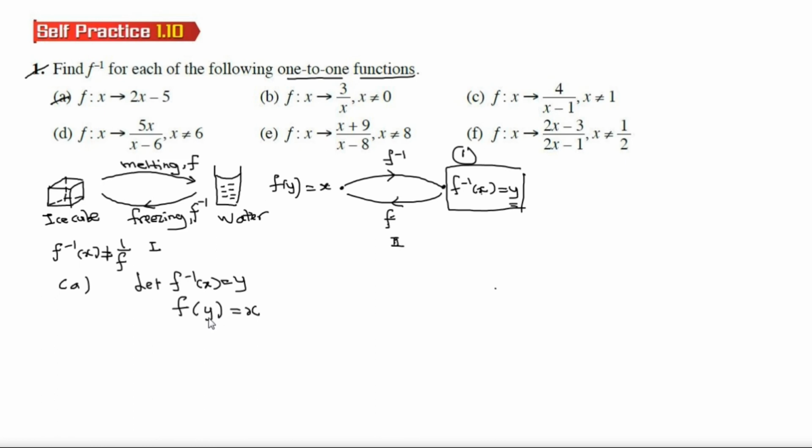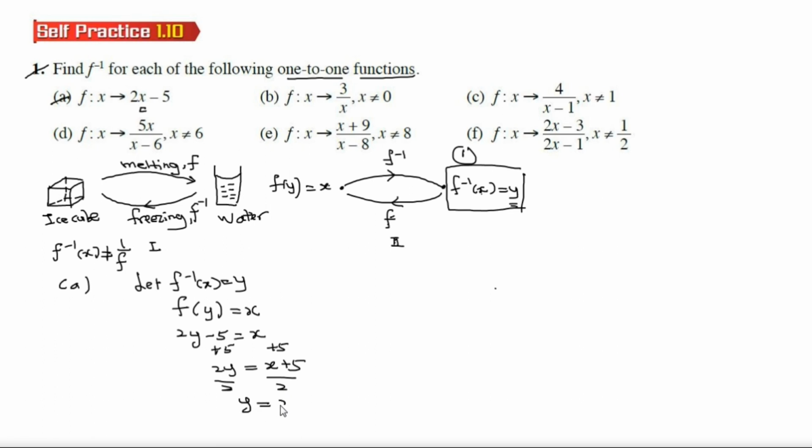Then next, we substitute y into our function. So we have 2y minus 5 equals x, and then make y the subject. So we add 5 to both sides. So we have x plus 5 equals 2y, and divide both sides by 2.